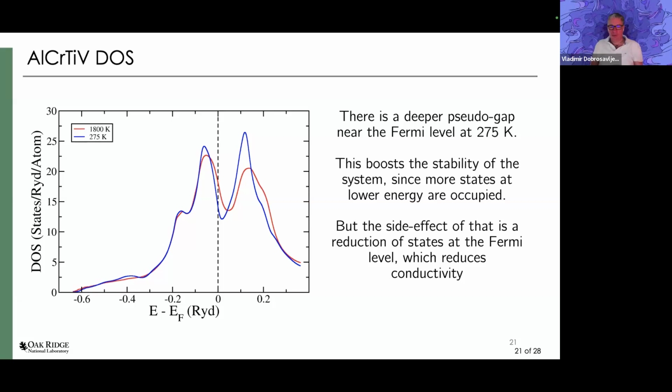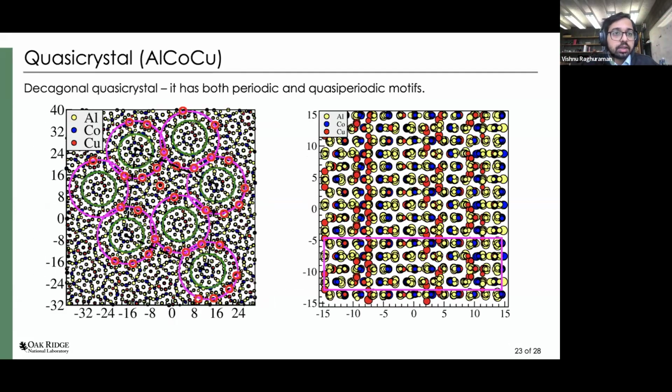Yes, beautiful. So while this is more complicated than binary, we still have atoms on ideal BCC sites. So while it is difficult, it is still possible to include SRO within CPA and do this calculation. So we can go to an even more complicated system, such as the quasicrystal.